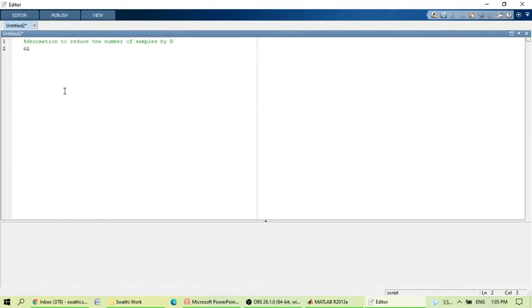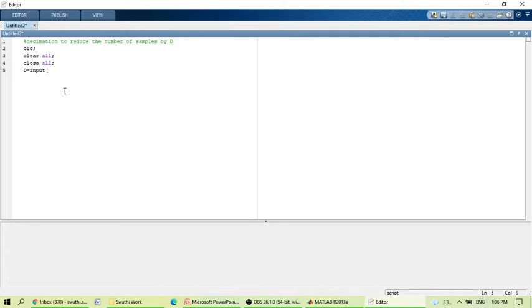Now, first give the command clc to clear the command window. Next give the command clear all to clear the variables from the workspace. Next give the command close all to close the figures if they are open. After that, D equals input.